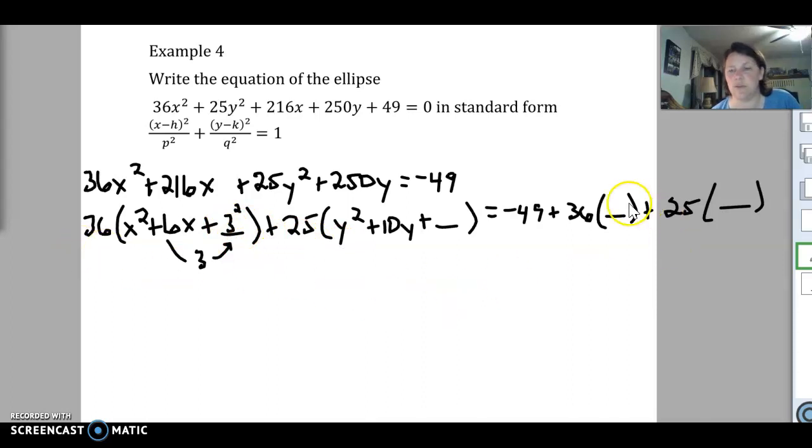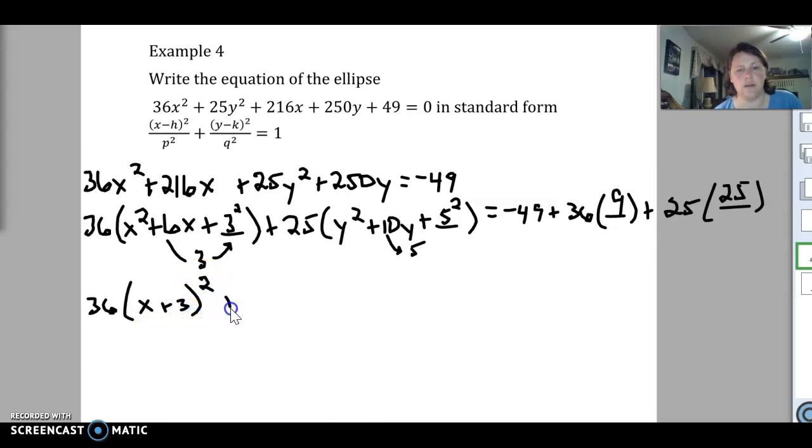So that was with our 36, it's going to be 9 over here. Then we want to take half of 10, which is 5, and then square it. Becomes 25 over here. Now we can go ahead and factor on the left hand side. So we get 36 times x plus 3 squared plus 25 times y plus 5 squared.